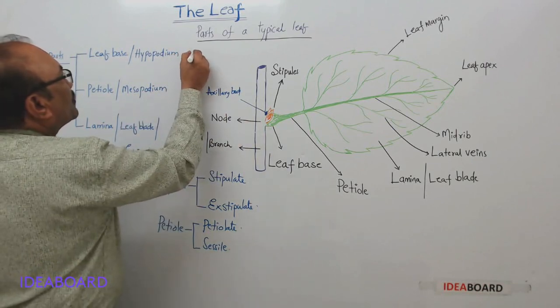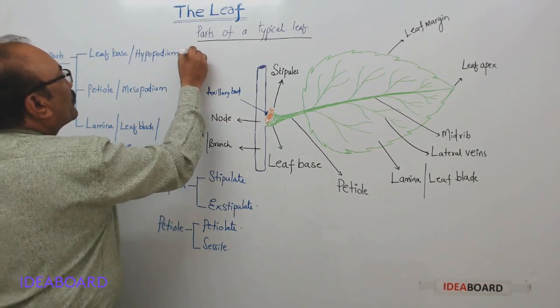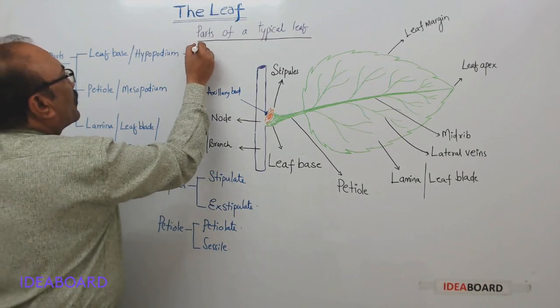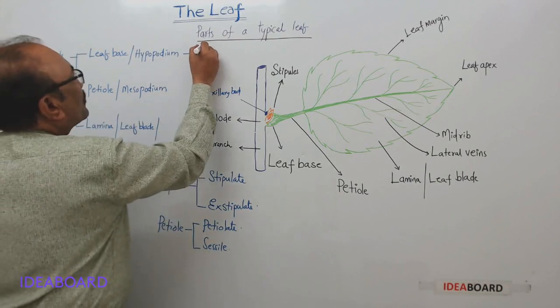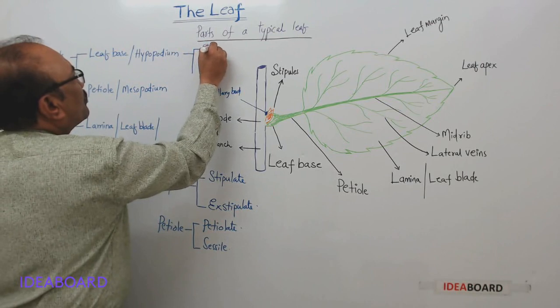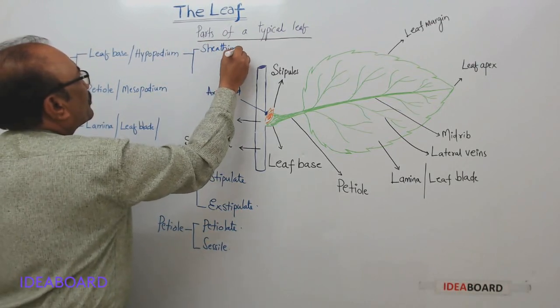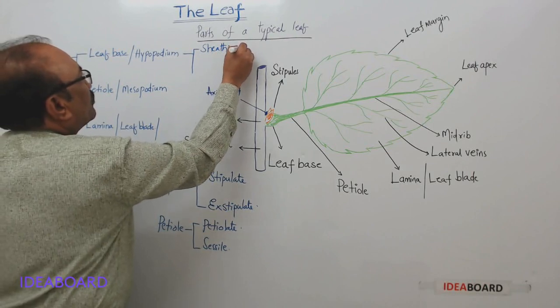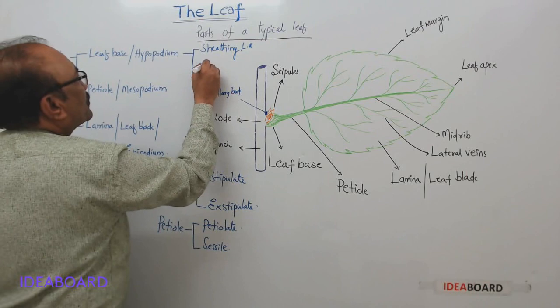And of course the leaf bases are of many types, and let us see two variations in the leaf base. One is sheathing leaf base. Another one is pulvinous leaf base.